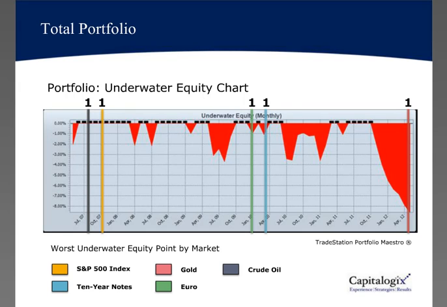But the key here, and what really is the strength of Portfolio Maestro, is the ability to create the mini baskets, applying the different strategies to that particular market, and then going through the steps of mixing and matching those individual markets with their individual systems together within a larger portfolio. That's where the real strength of what Portfolio Maestro is all about lies.